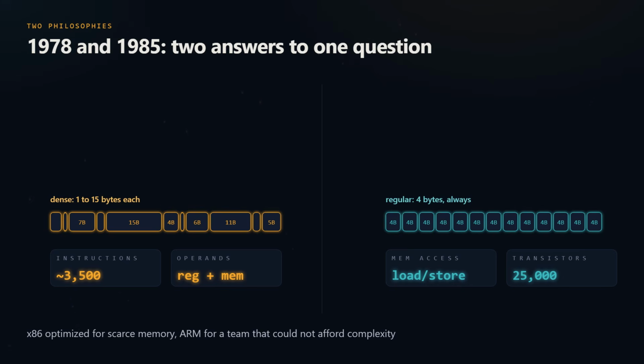ARM arrives in 1985 at Acorn from a tiny team that could not afford complexity. Every instruction is exactly 4 bytes. Only loads and stores touch memory. The first ARM ran on about 25,000 transistors. Density versus regularity, that one trade is the root of everything downstream.